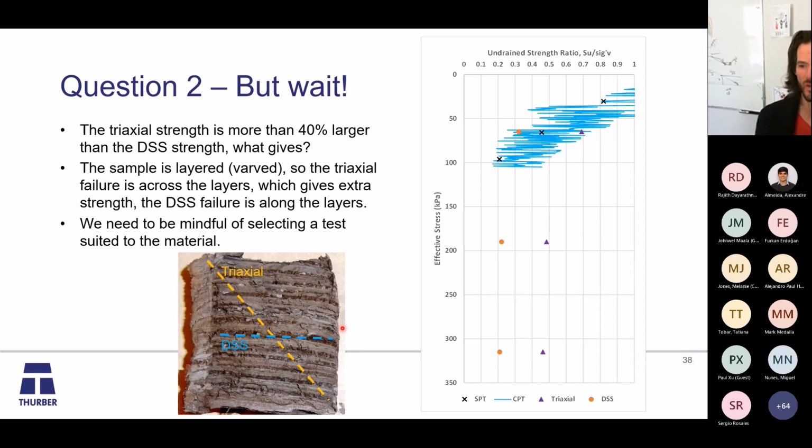It's giving it extra strength. We have these interbedded layers of sands and silts that are giving it more strength. The DSS failure itself is along these layers. So we're not seeing that increase in strength. So we need to be mindful of those conditions when we're selecting the tests and when we're interpreting the results.